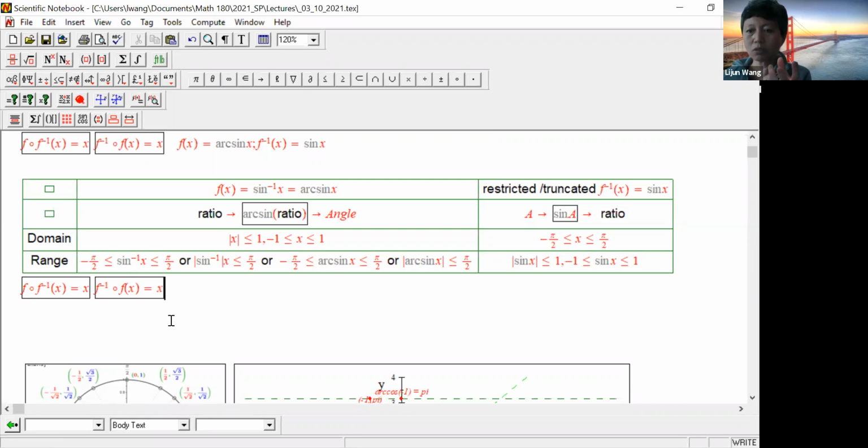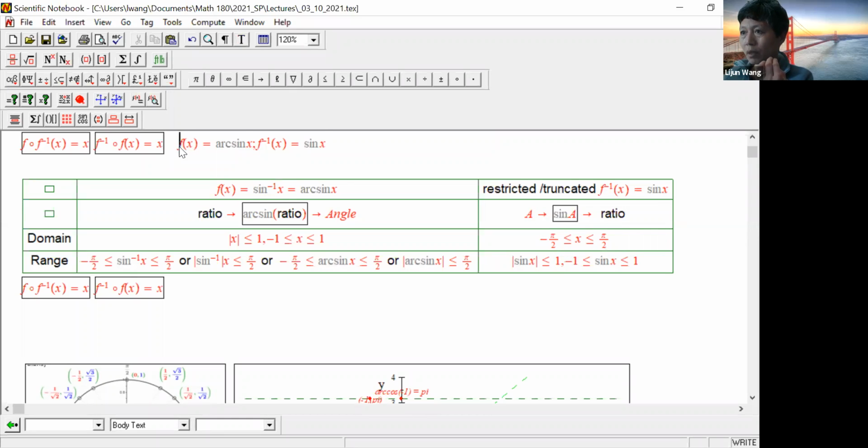We did the truncation, we did all of that. We know that these two functions are inverse to each other, and they also satisfy the common trait of all functions that are inverse to each other. It's under that umbrella. So for f, I assume f is arcsine and f inverse is sine, and of course with restriction, this sine domain is from negative pi over 2 to pi over 2.